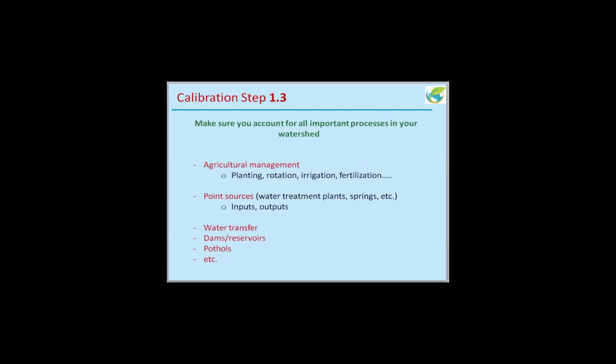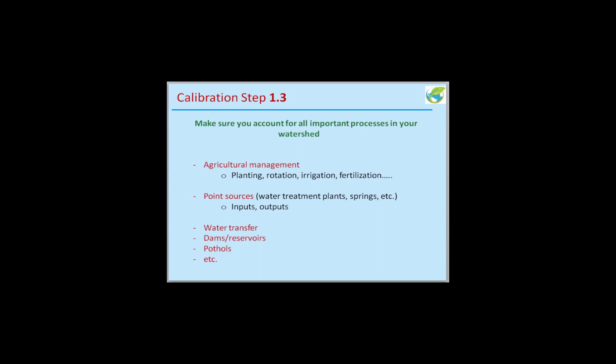So make sure you account for important processes. Some of these processes include agricultural management, such as planting, rotation, irrigation, fertilization, etc. They include point sources, like water treatment plants, springs, if you are in a mountainous region, etc. These could be inputs or outputs to the system.